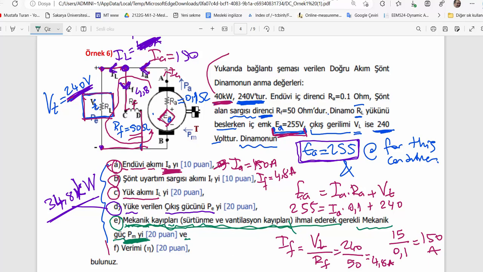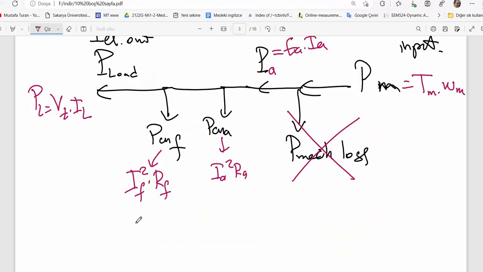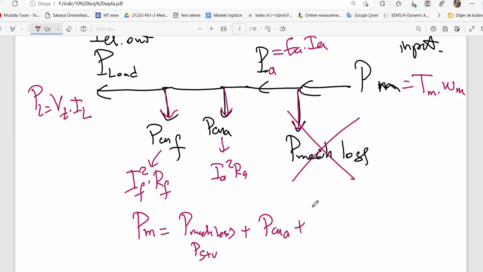Houston, we should write the equation. What is the mechanical input power? Mechanical input power is equal to this guy, which is mechanical losses, we say in Turkish sürtünme ve ventilasyon, plus copper losses in armature, plus copper losses in field coil, plus output power, load power.